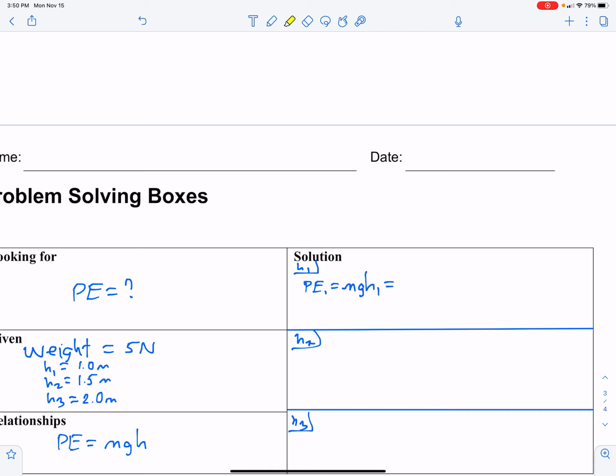Now remember, guys, we're not putting in for mass. We're putting in for mg, the weight. So this is going to be 5 newtons times a height of 1 meter. And we get 5 Newton meters, which is the same thing as 5 joules.